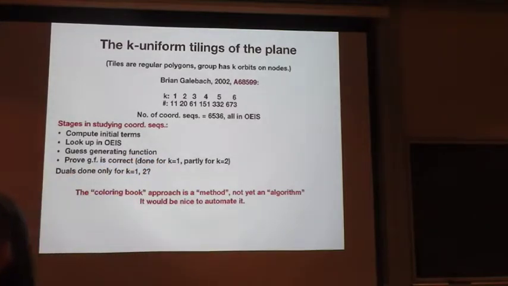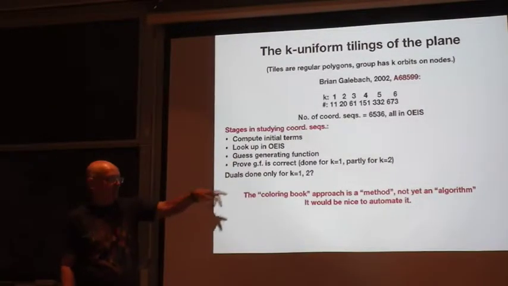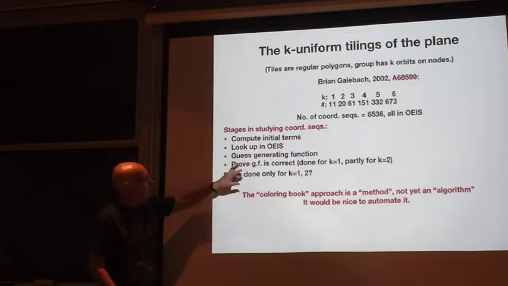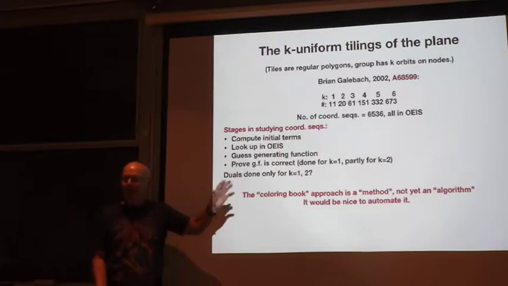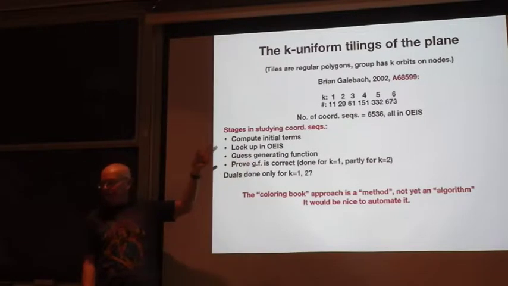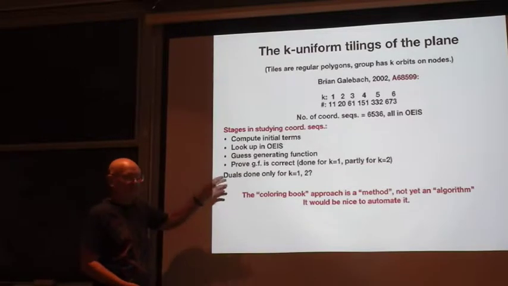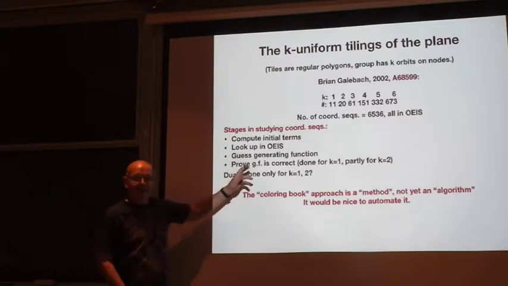So when you're processing one of these tilings, and you want to know what the coordination sequence is, the first step is to work out the initial terms. Do the counting by hand, draw some pictures, count how many points there are. Then you look it up in the OEIS, and then hopefully you're done. But if it's not there, then you try to guess a generating function using GFUN, for instance, or one of the other computer algebra systems.